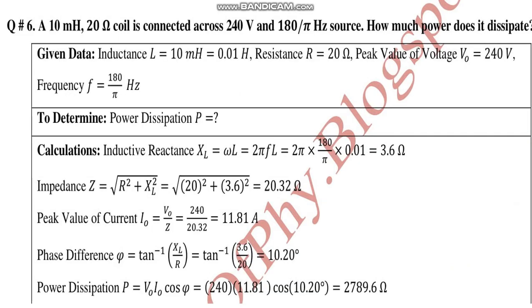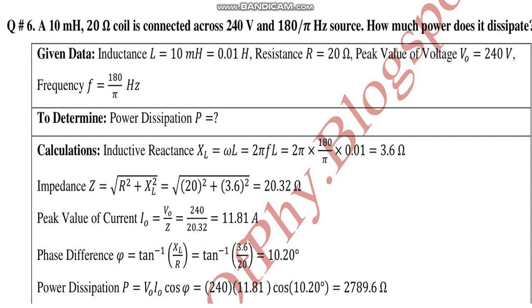Number 6 question. A 10 mH, 20 ohm coil is connected across 240 volts and 180 over pi Hz source. How much power does it dissipate? So given data, inductance L is equal to 10 mH.